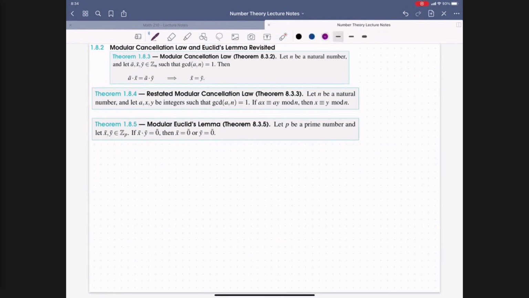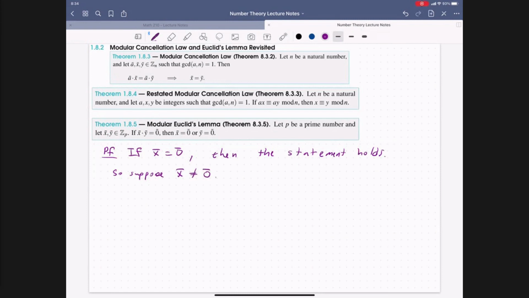So let's prove this. Proof. So if x bar is equal to 0 bar, then the statement holds, of course. So suppose that x bar is not equal to 0 bar.